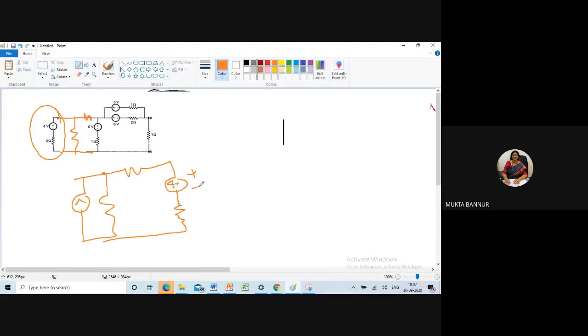See here, now these two resistors are neither in parallel nor in series. So as to bring these two resistors in series, you need to transfer this into a voltage source.